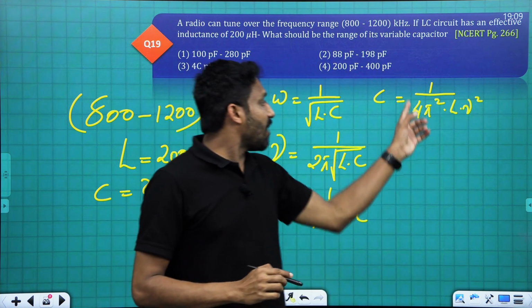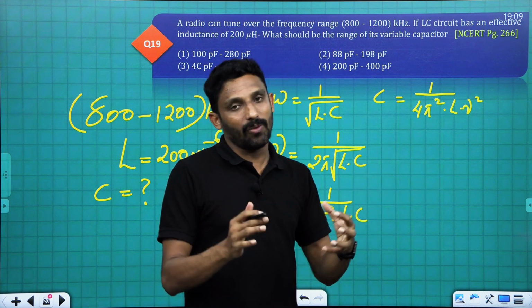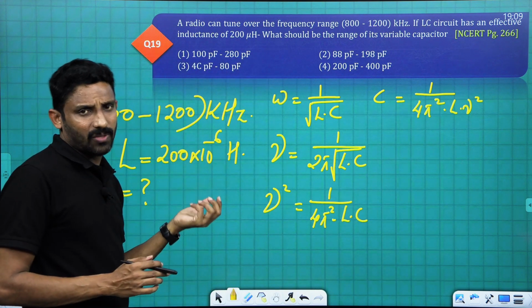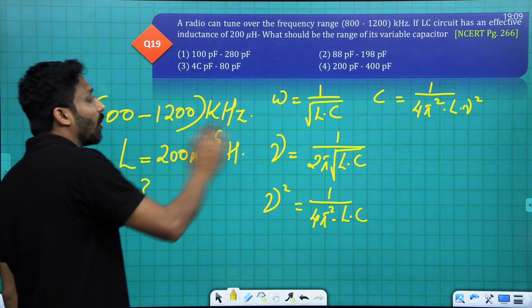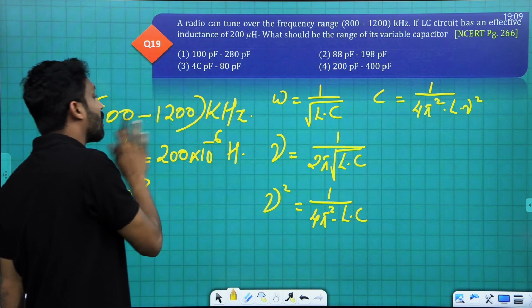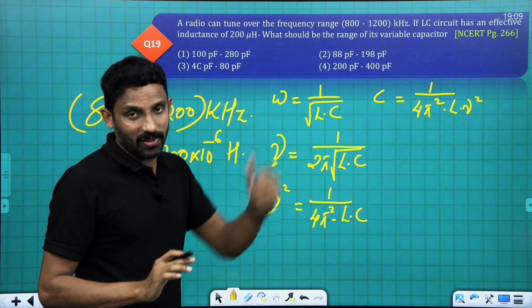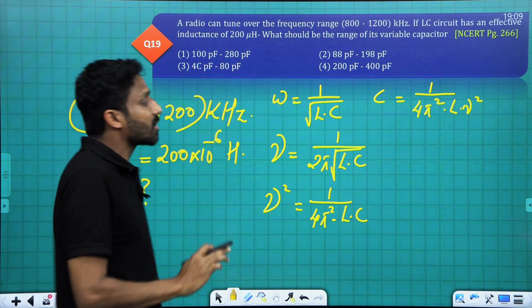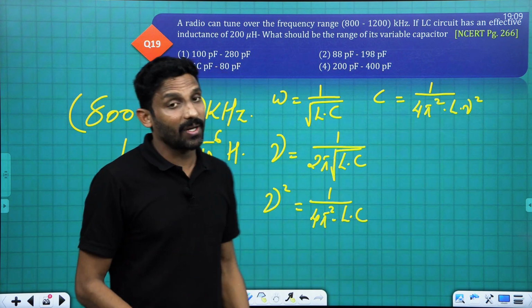Clear? 1 by 4 pi square L are fixed values, and as nu varies, capacitance varies. When we put the minimum nu, 800 kilo, we get the maximum capacitance. Or when we put the maximum frequency 1200 kilohertz here, we get the minimum capacitance.